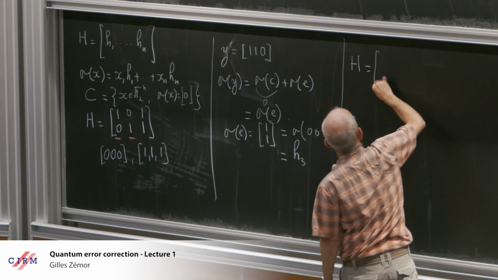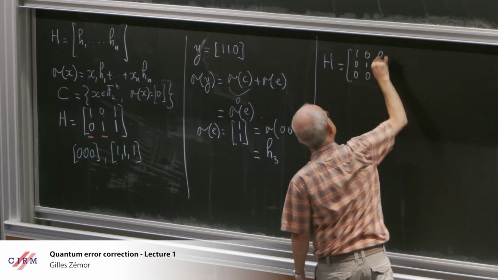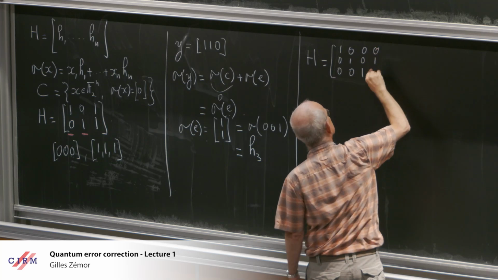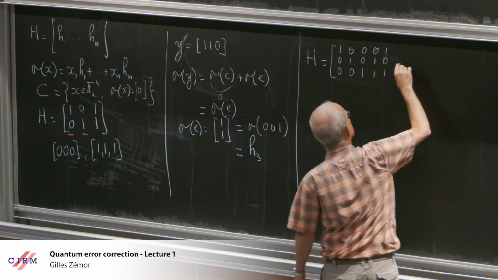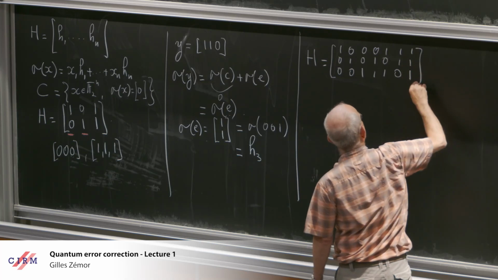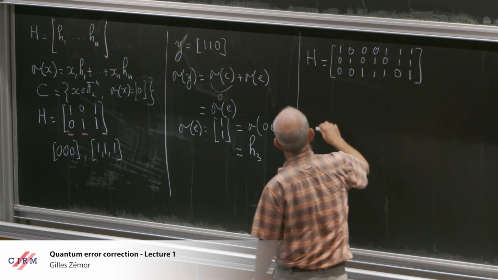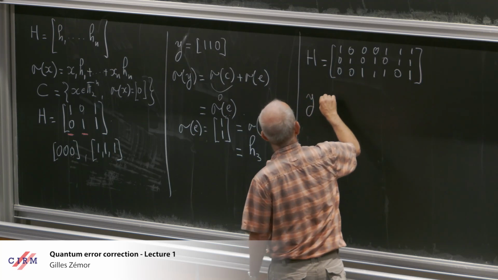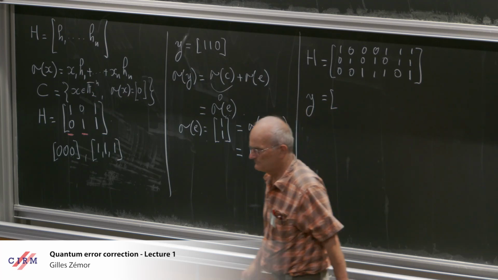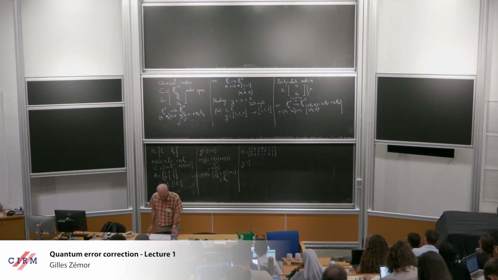So we could take all distinct binary columns of length 3 and see what happens. You could apply the same decoding procedure.